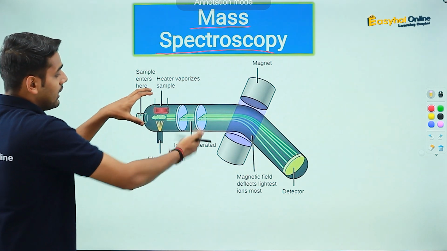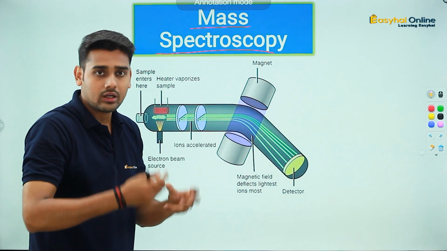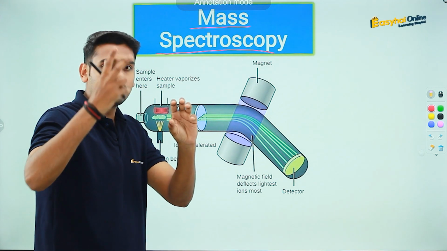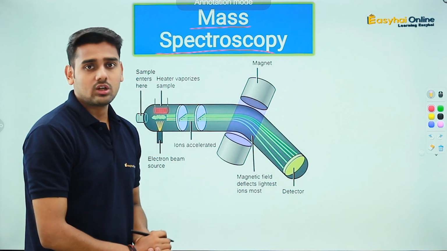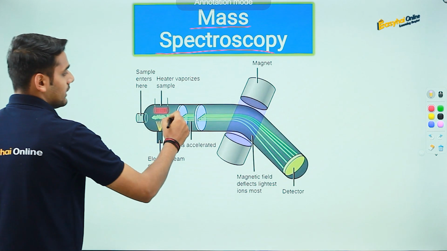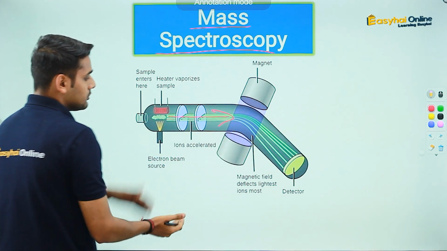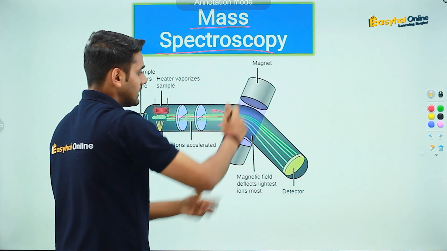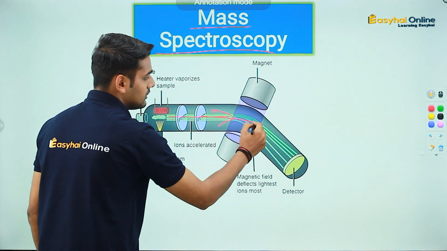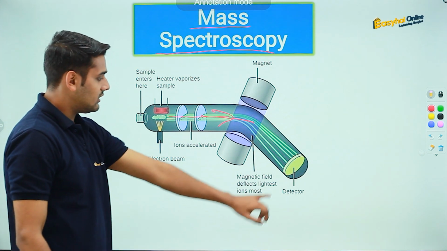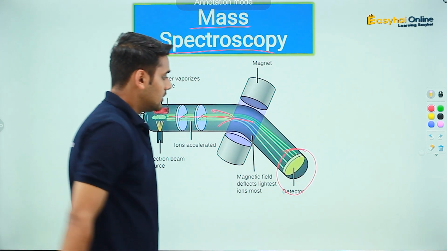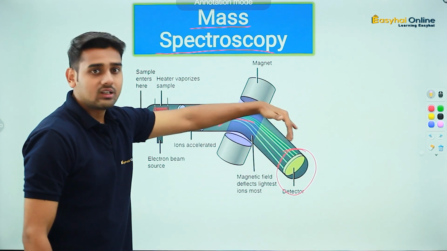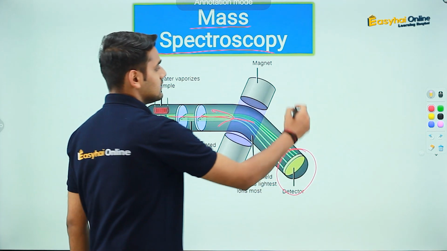This is to ionize those atoms so that some electrons are knocked off, so that it has some charge. Now these charged particles are sent through the magnetic field like this. There's a huge magnet like this, the charged particles enter the magnetic field, and here there is a detector. So more is the deflection of atoms, less is the mass.